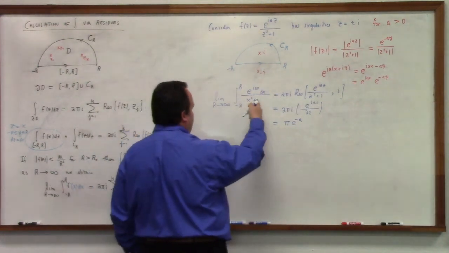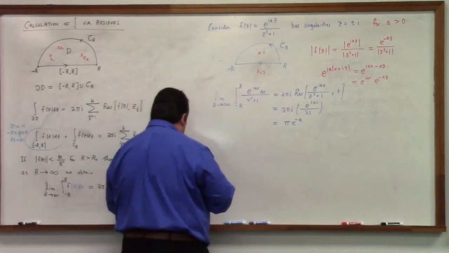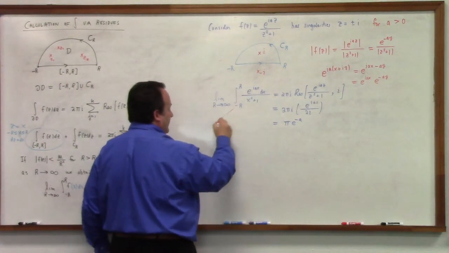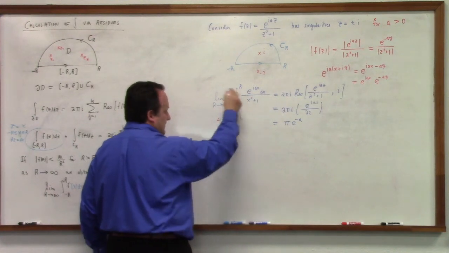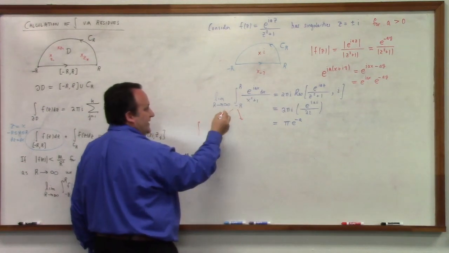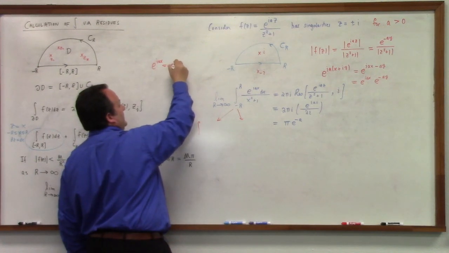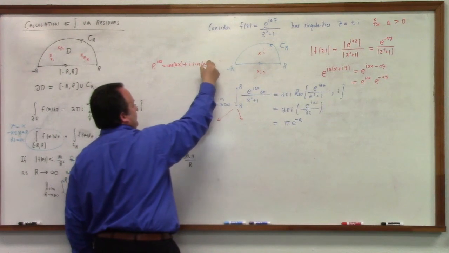And so what does this tell us? What is this one over here? Well, if you'll allow me this slight jump, the integral from minus infinity to infinity of both the real and the imaginary part exist. What is e to the iax? It's cosine ax plus i sine ax, right?